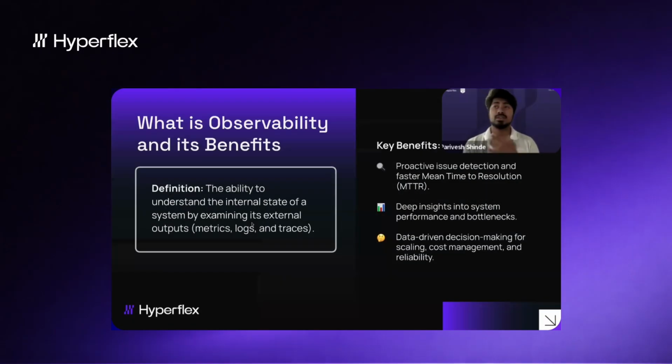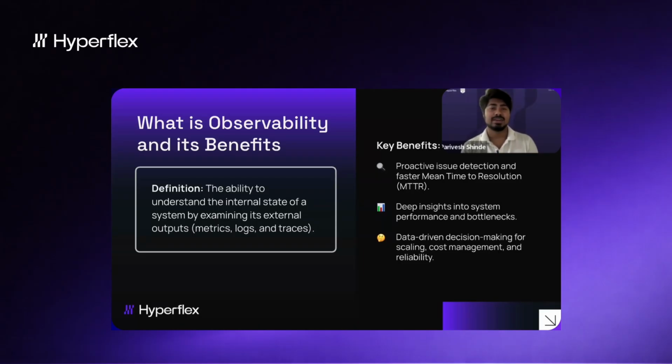So what is observability and its benefit? We have this definition. You can all see it on the screen, but let's simplify it. Before observability, everyone heard of health checks. So what were health checks? It was just asking your system or your app, hey, are you alive? And that's it.